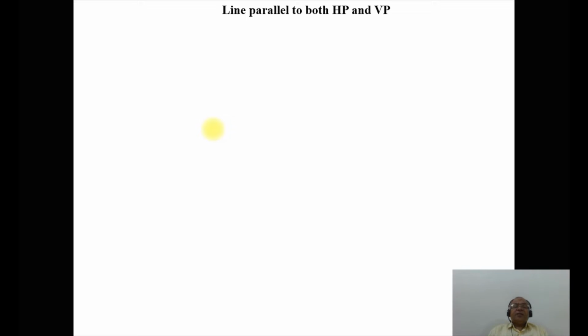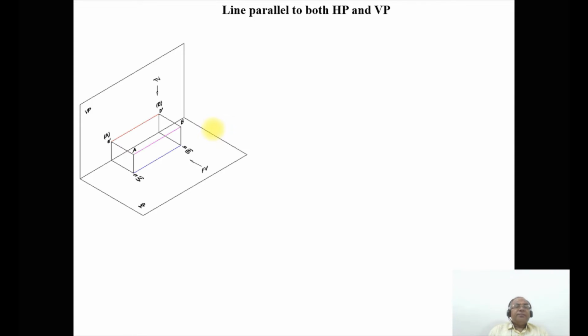Considering these cases, the first one we will consider is the line parallel to both HP and VP. Since we are using the first quadrant, that is VP and HP, the line is above HP by some distance and in front of VP by some distance.